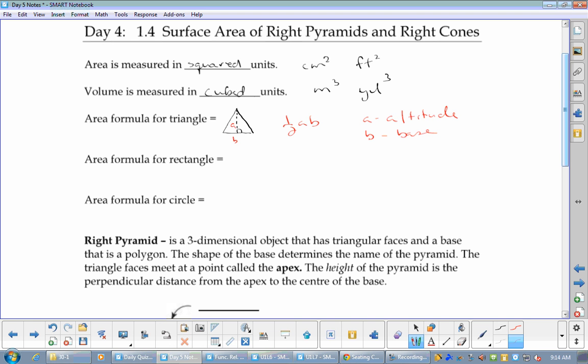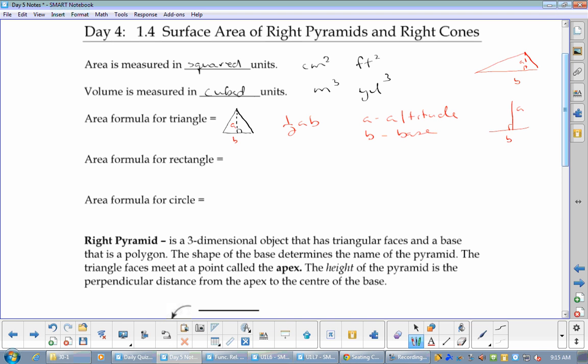The altitude and base will always be at right angles to each other. A and B will always be at right angles. Always, always, always. It doesn't matter how I draw the triangle. Even if I drew the triangle like this, there's your base, there's your altitude.